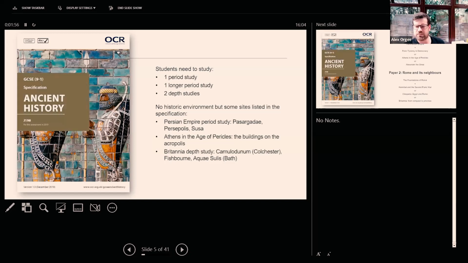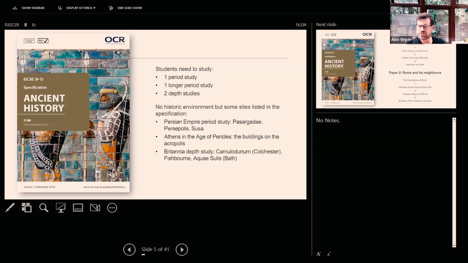As you can see from the slide, just like GCSE history, students have to study 1 period study and 2 depth studies. There is a longer period study that they have to study, and this is in many ways quite similar to the thematic study in GCSE history, although it doesn't cover the same large time span as the thematic studies in the GCSE history qualifications.